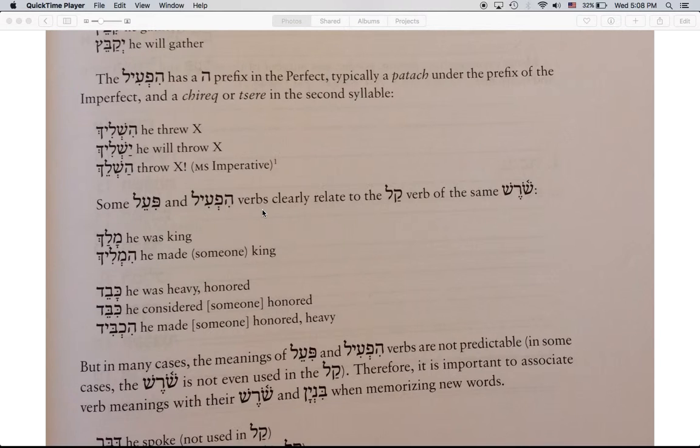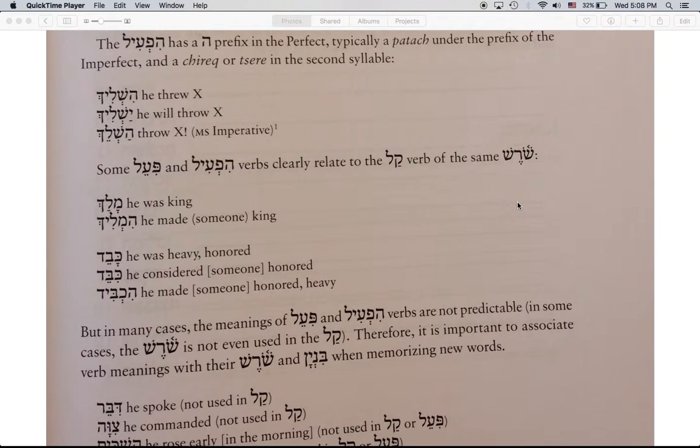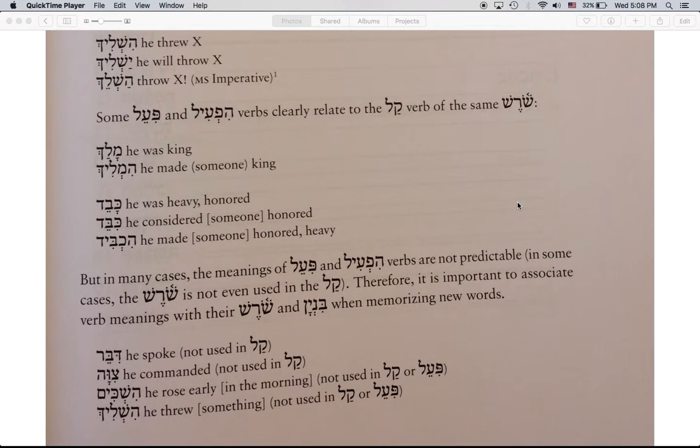Some piel and hiphil verbs clearly relate to the qal verb of the same shoresh, and what the authors mean by this is relate in meaning. So sometimes we can see a connection between the qal form of a verb and the piel or hiphil form of the verb. Let's look at some examples. Malak means he was king. This is qal.